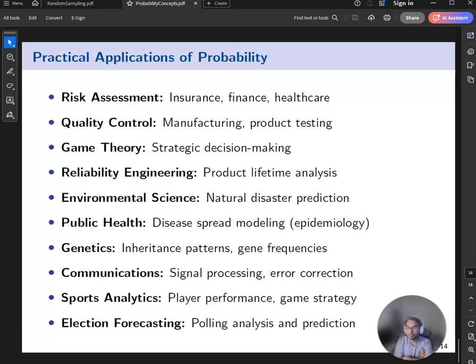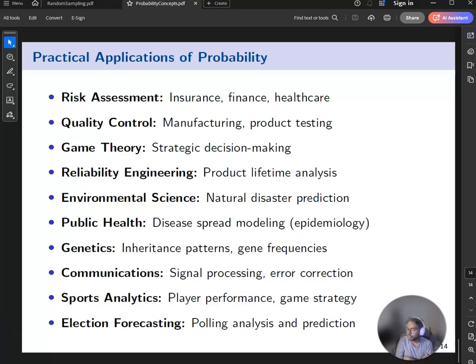Environmental scientists use probability to model natural disasters, like the likelihood of floods or earthquakes in specific regions, and that helps with urban planning and emergency preparedness. Public health officials rely on probability in epidemiology, for example, to understand how diseases spread and develop effective intervention strategies.